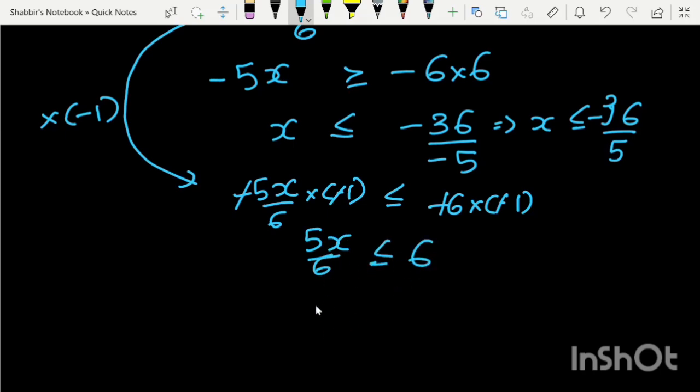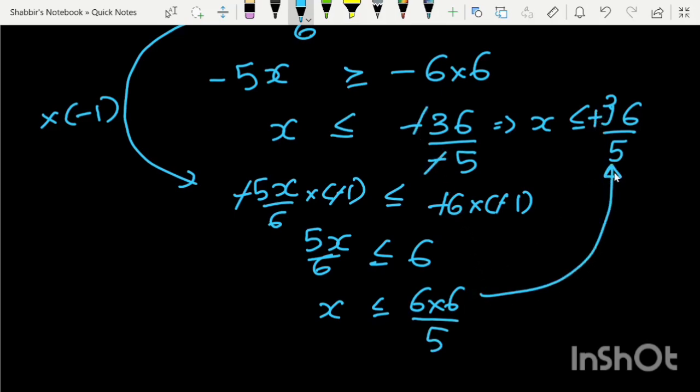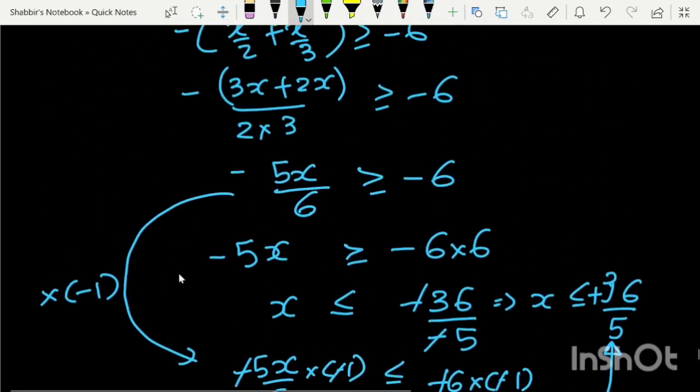Now again cross multiplying 6 here on the right hand side and 5 in the denominator. This is plus 36 by 5. This gets cancelled. We will again get the same answer. So you can do it like this also, or like this also. Whatever the way, we have used the basic rules, and that way you can get the answer, okay, which is minus infinity to 36 by 5. Okay, guys.